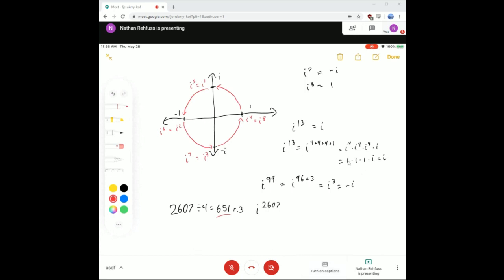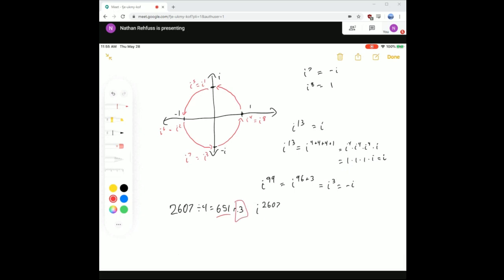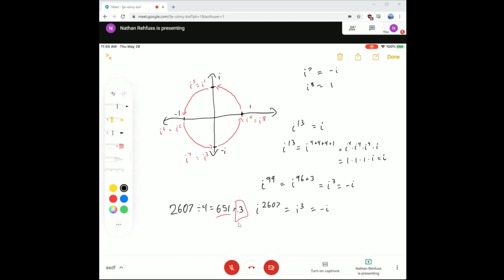So I'm going to have 651 1s here times i. So that's 651 1s times i cubed. So my final answer, the remainder is what's important. i to the 2607 is the same as i cubed. So there's our answer. So that's how you can find any power of i. Kind of fun.